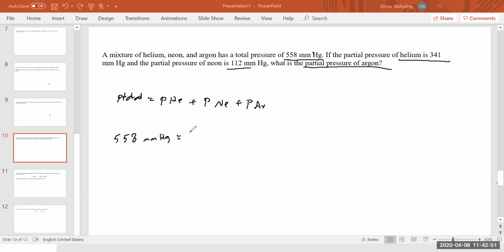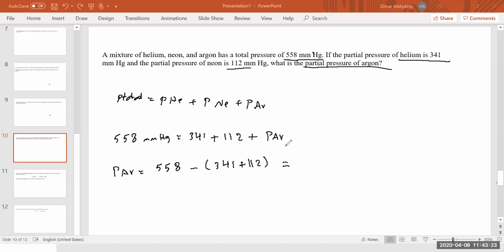Partial pressure of helium is 341 millimeter mercury plus partial pressure of neon 112 millimeter mercury plus the partial pressure of argon, which is unknown. You need to calculate it. So the partial pressure of argon will be 558 minus 341 plus 112.